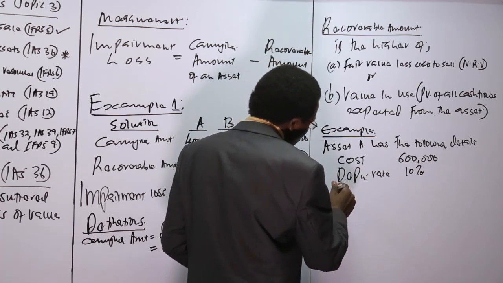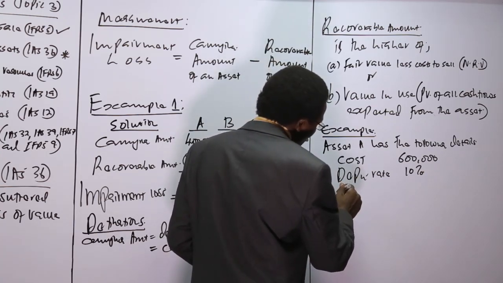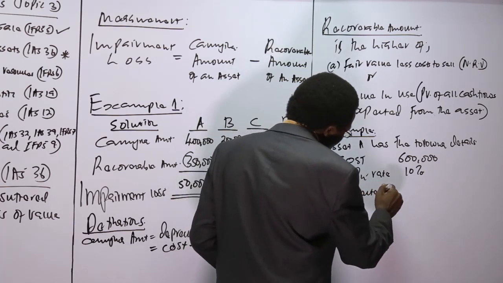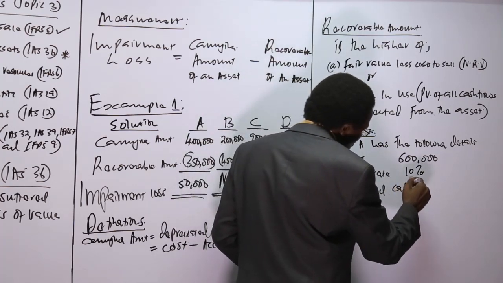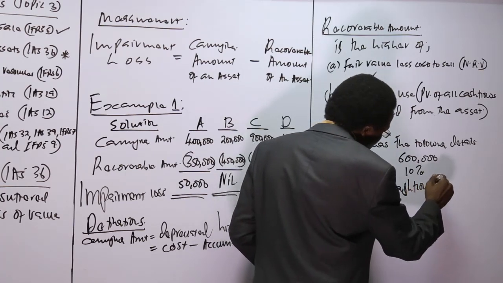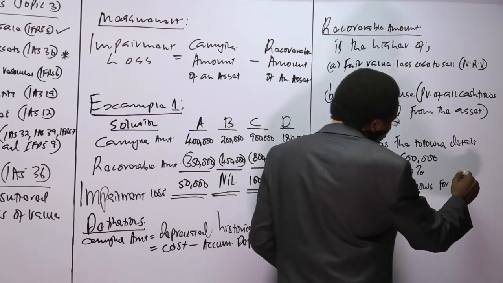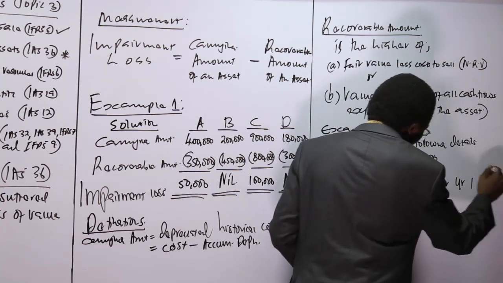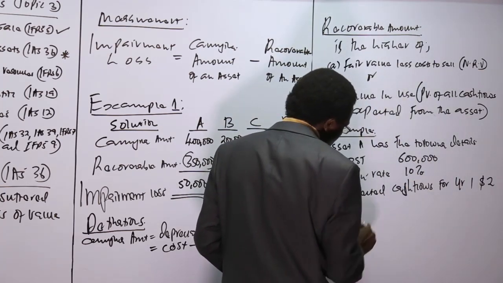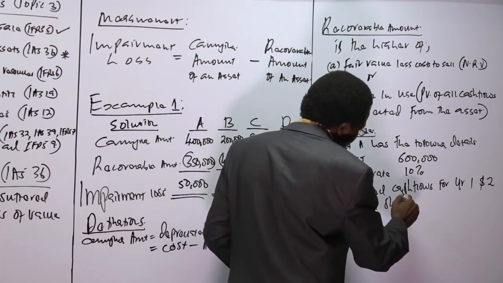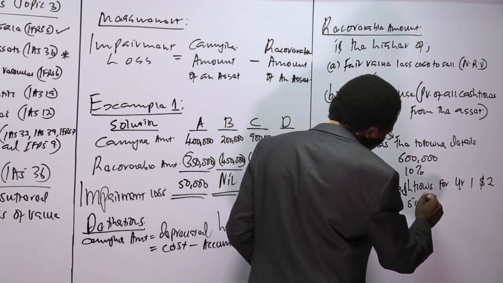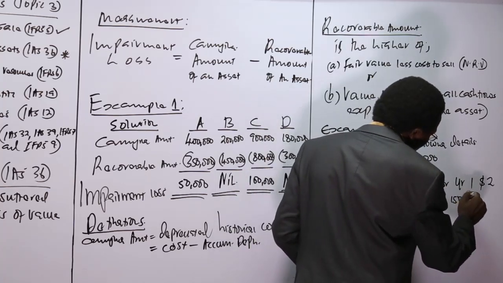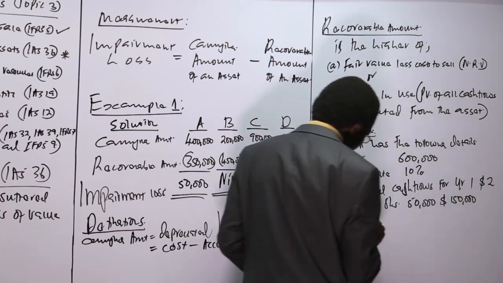The expected cash flows for year 1 and 2 will be shillings 50,000 and 150,000 respectively.